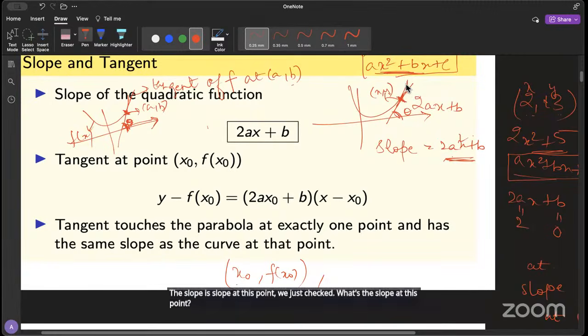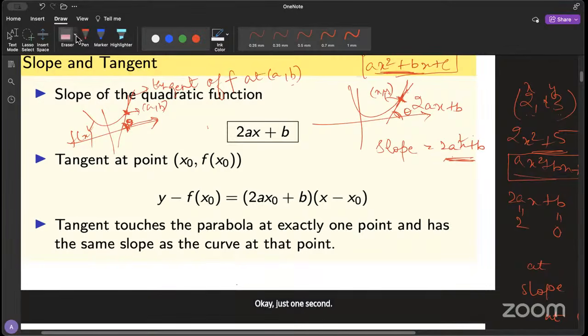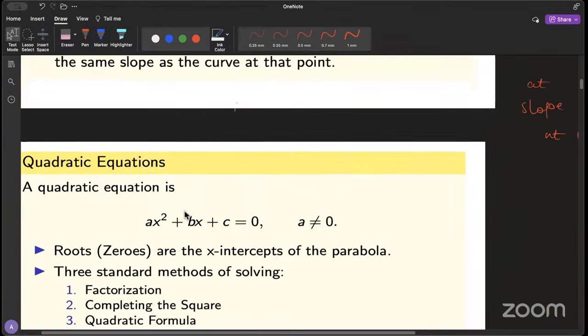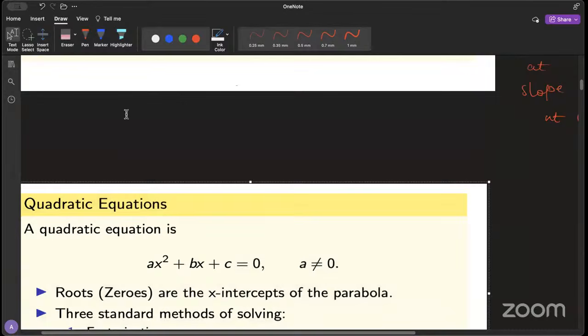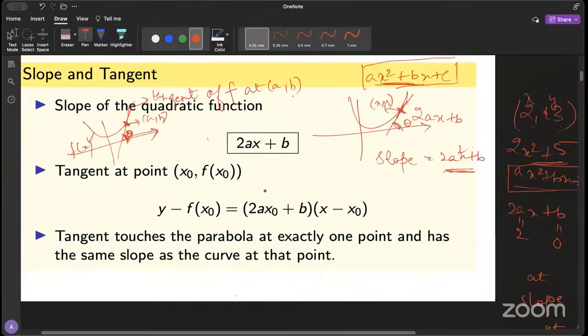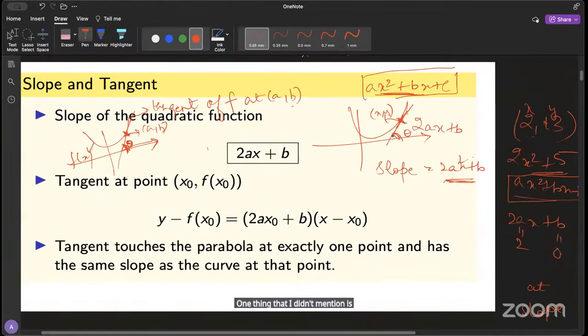By the way, one thing that I didn't mention is that this is a line and this is a parabola, right?